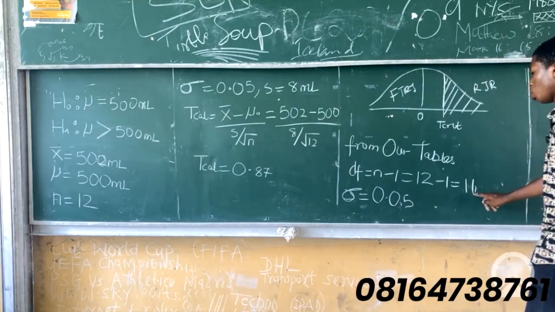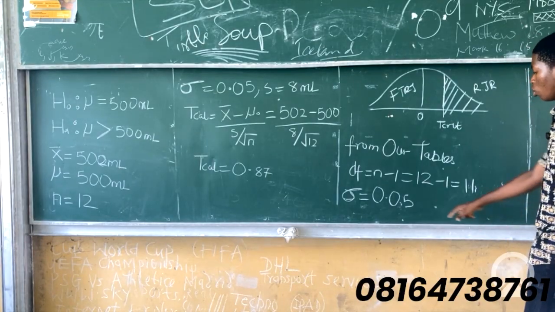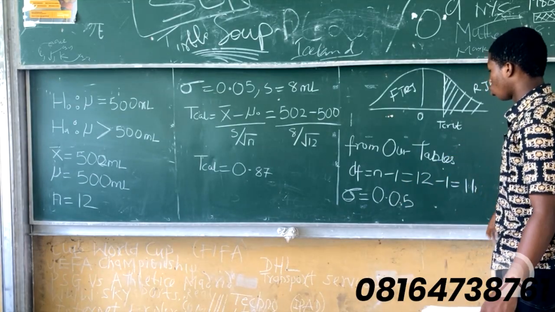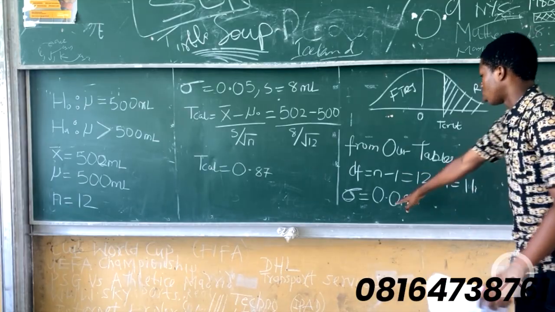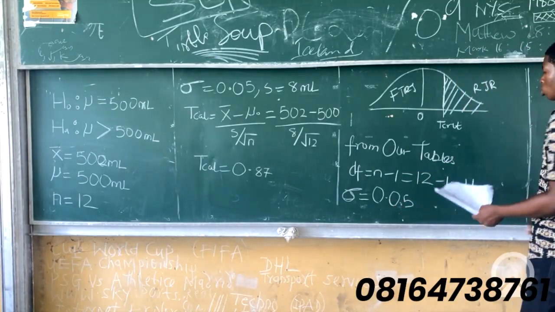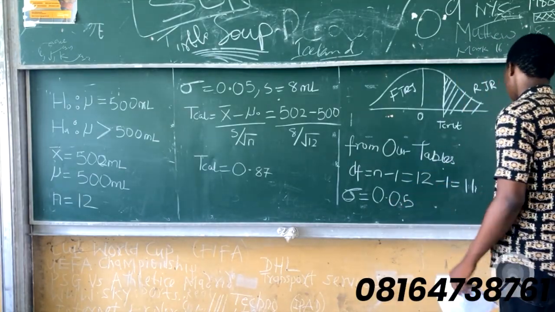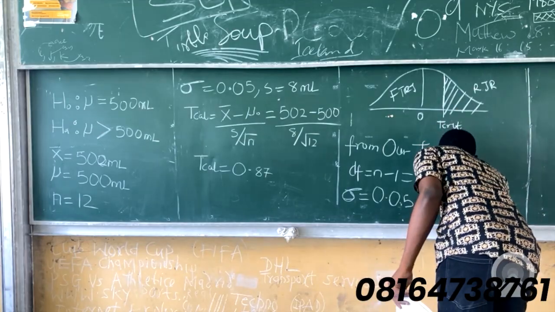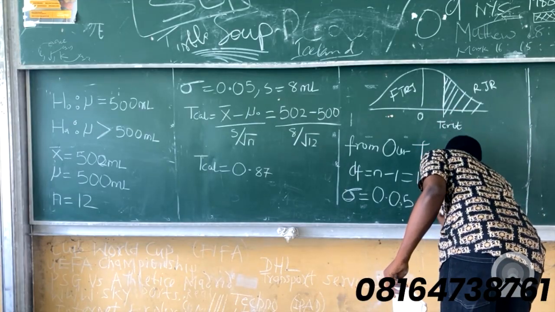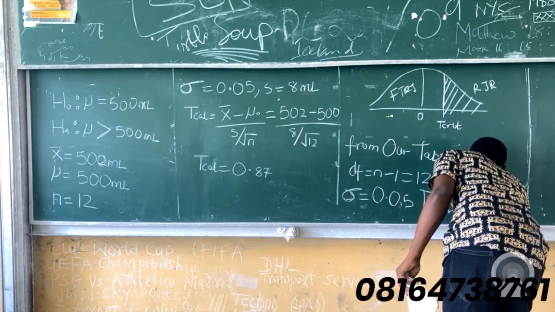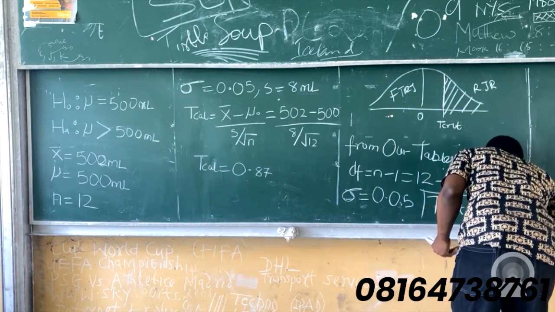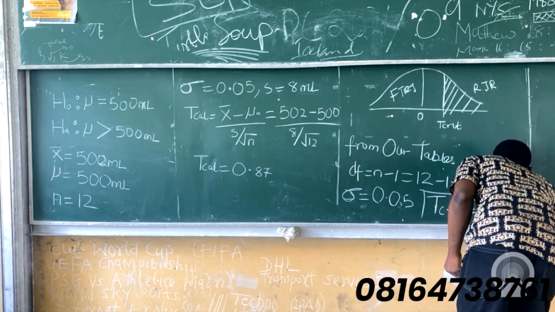So now from our table, we compare 11 on the vertical column and the significance level on the other column. The value you get is T critical is equal to 2.201.